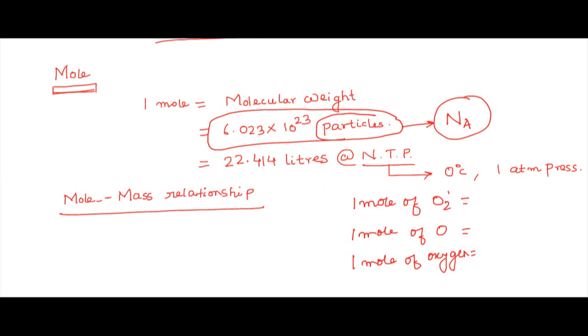If it is 1 mole of O2, this is one oxygen molecule, we all know. So 1 mole of O2 means, what is 1 mole? 1 mole is Na, that is 6 into 10 to the power 23 O2 molecules, simple. When it comes to 1 mole of O, it is 6 into 10 to the power 23 O atoms.